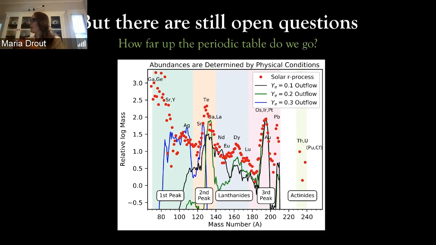And you can have different conditions in each one that even are affected by things like, did you form a neutron star or a black hole in the center of the merger? Clearly, if it was a neutron star black hole, you have a black hole in the center. But essentially, while there are a couple of physical processes in neutron star mergers that allow you to make these physical conditions that would only yield the lighter ones, our understanding of the neutron star black holes is that you mostly just have those tidal tails, which we think physically should always get all the way up to these heaviest elements.